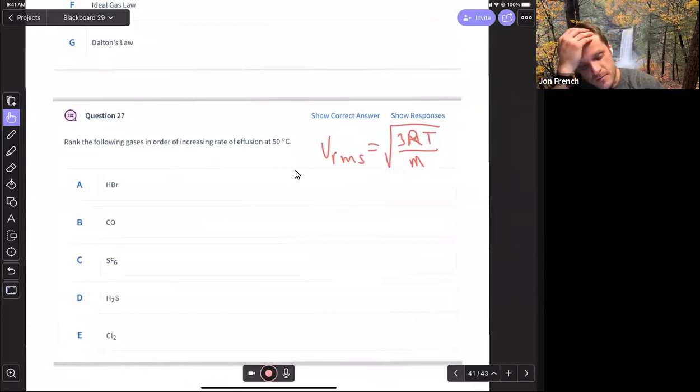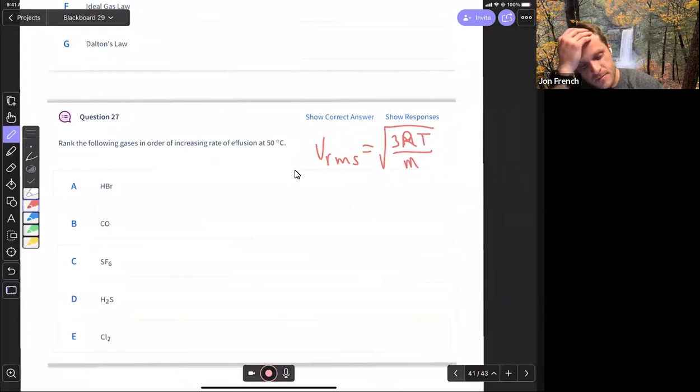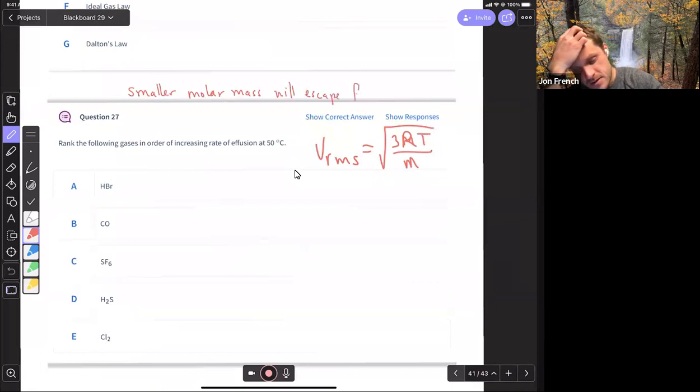So, right, smaller molar mass will escape faster because it's moving faster. Because moving faster, you're going to have more collisions.